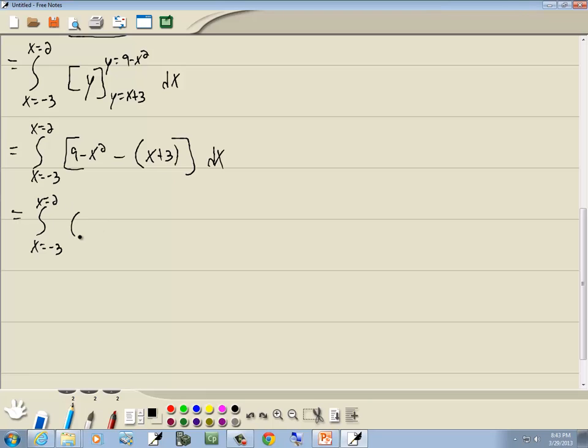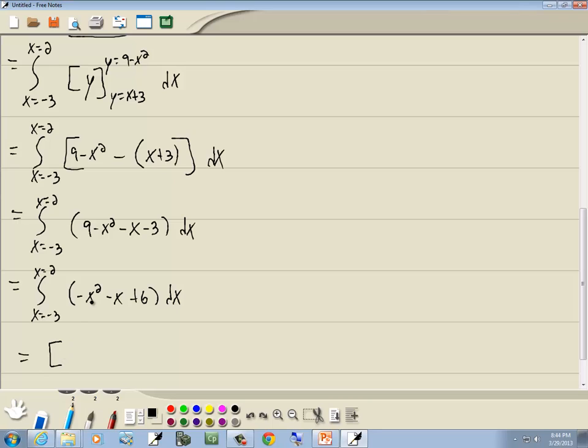And this gives us 9 minus x squared. Negative out in front flips the sign of everything inside, so negative x minus 3 dx from x equals negative 3 to x equals 2. And I got negative x squared minus x, 9 minus 3 gives us 6 dx.